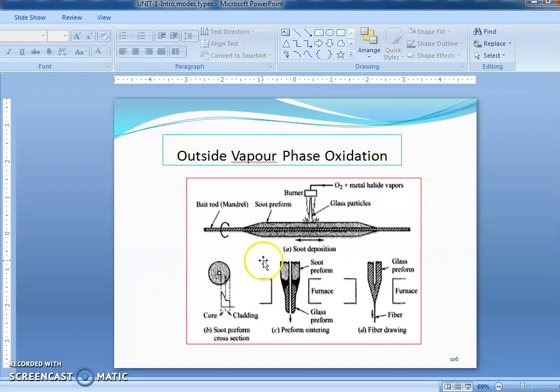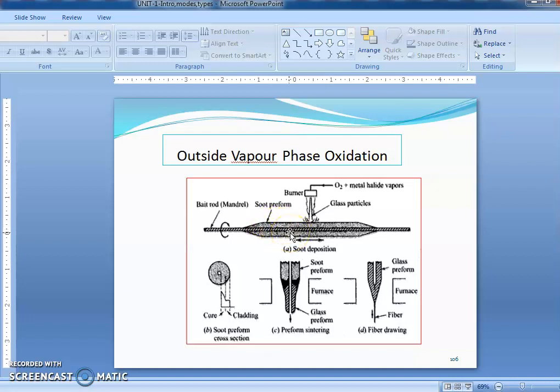See the diagram. This is a burner. This is an input reactant provider. A soot is formed with the help of this burner and it is deposited here. This is the bait rod. The soot adheres to the bait rod to form a preform.